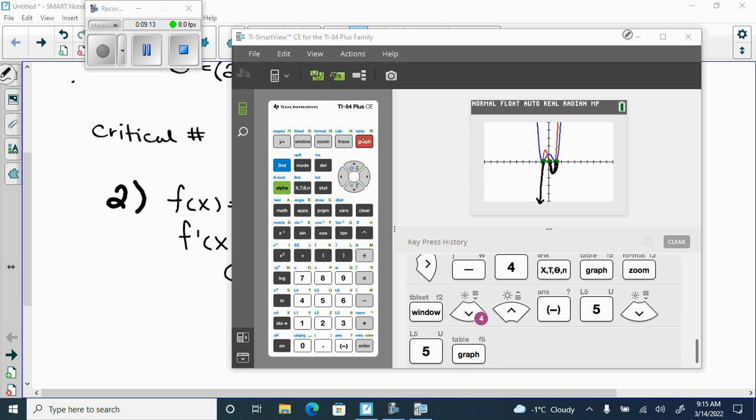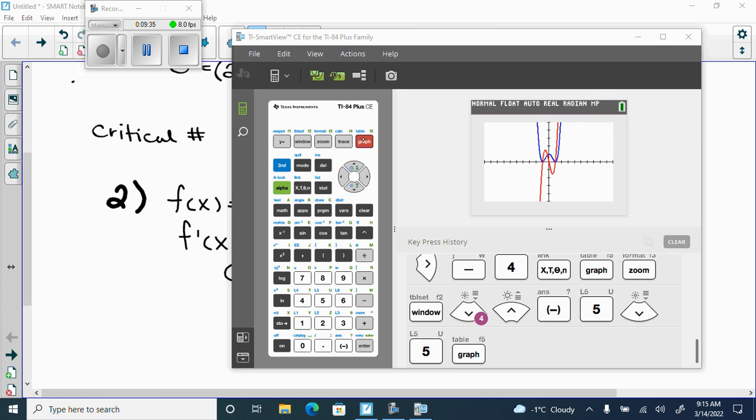It's decreasing. So the graph is decreasing here, and then decreasing here, correct? And then this red is above, and it's increasing here, and this above is increasing here. So it's where they decrease and increase.